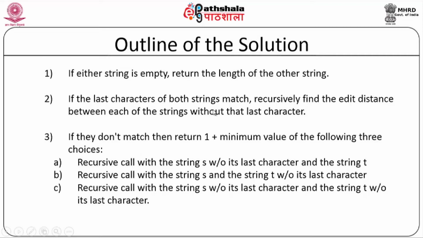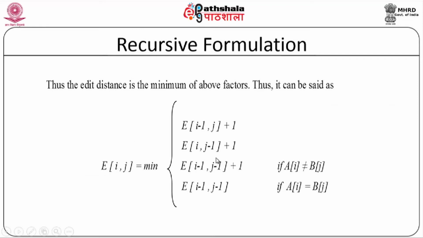In other words, if the characters match, there is no necessity for any operation. The operation becomes crucial only when there is a mismatch. That is the reason we say 1 plus the minimum value of all these choices. So, this is a recursive formulation.